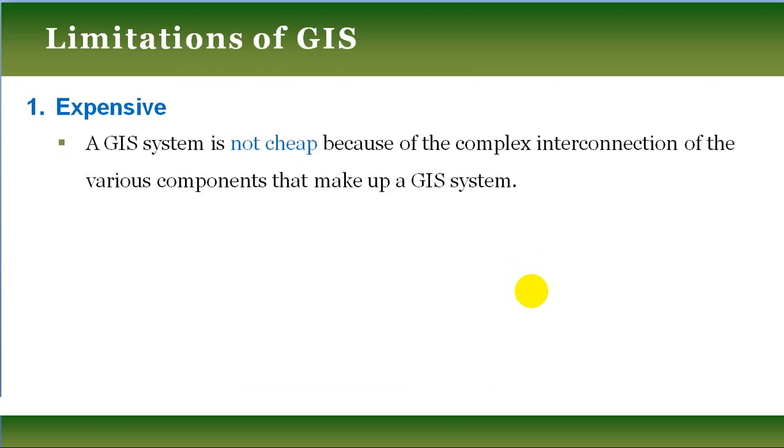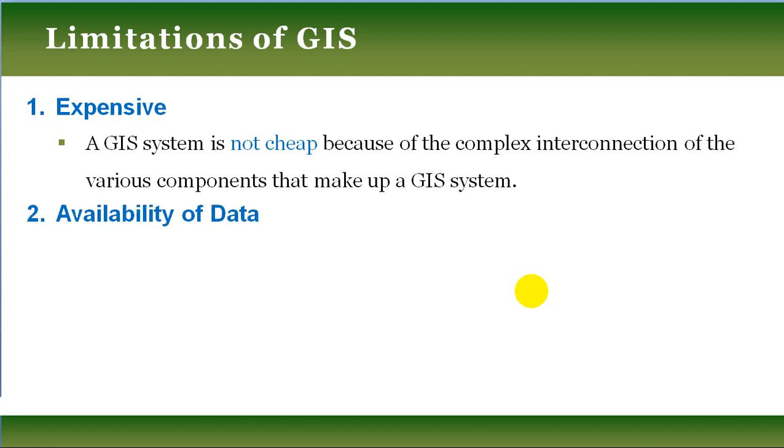So a GIS system is not cheap because of the complex interconnection of the various components that make up a GIS system. Hardware, software, data, those costs are a little bit expensive for an organization, or even if you want to perform some research and buy some GIS data, this is still a costly affair.